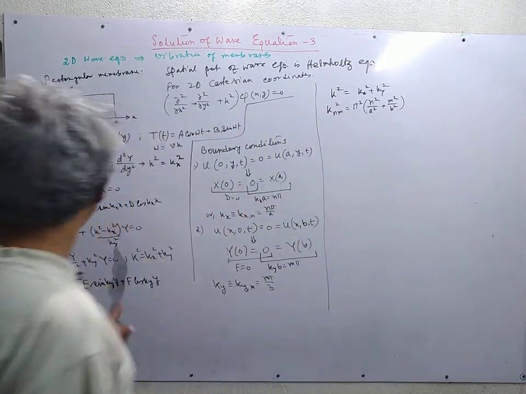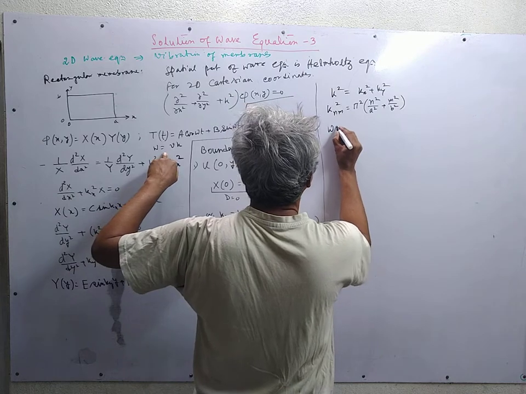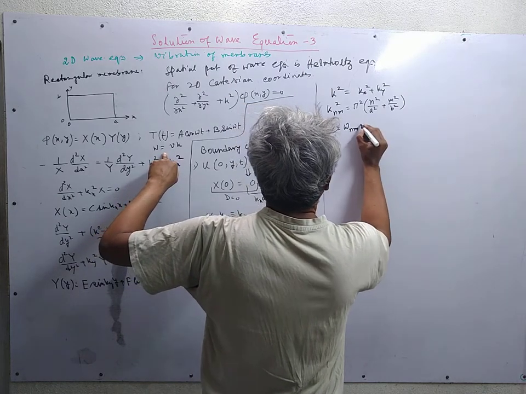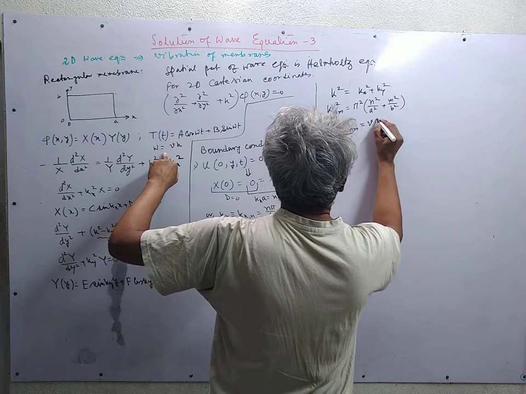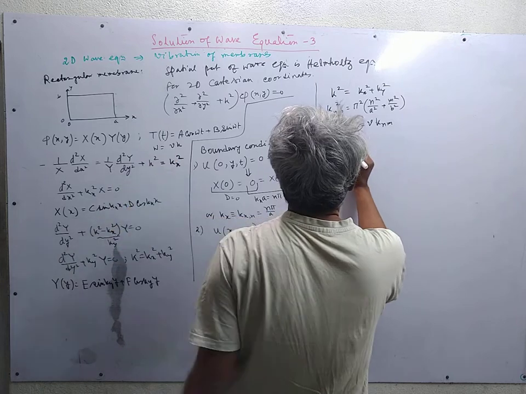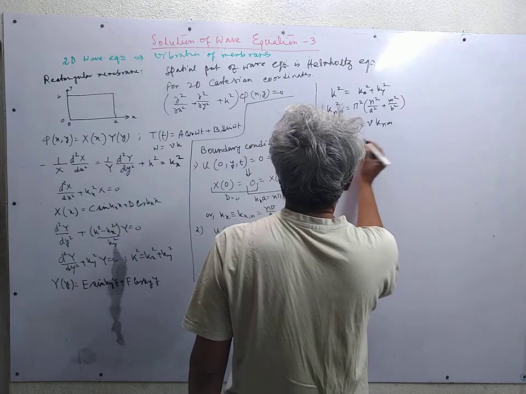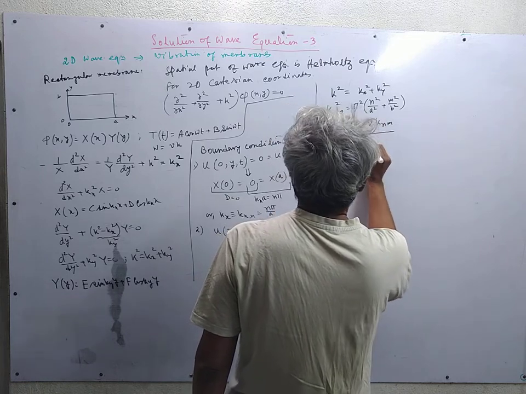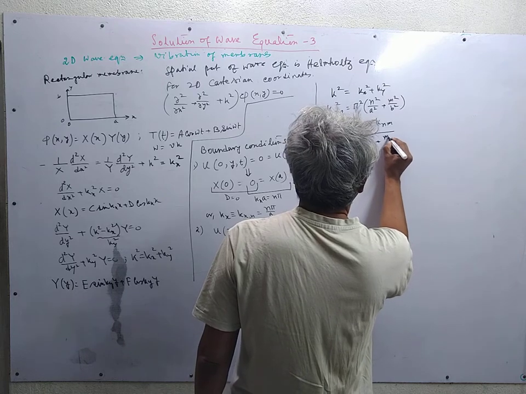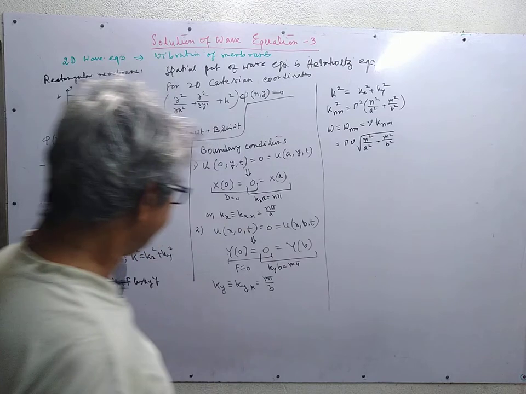So coming to omega, it now depends on n and m and is equal to v times knm. This is equal to pi v times the square root of n square by a square plus m square by b square. So this is the omega.